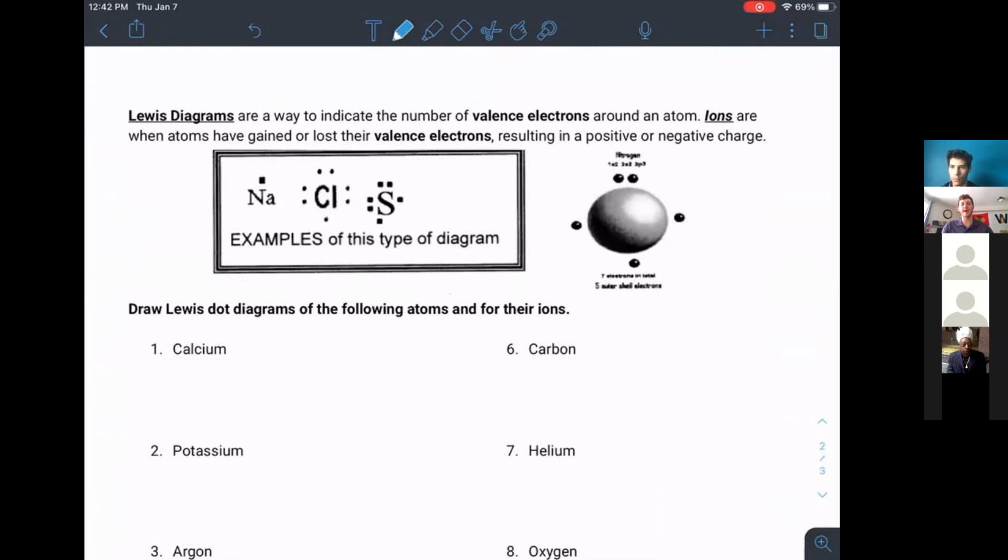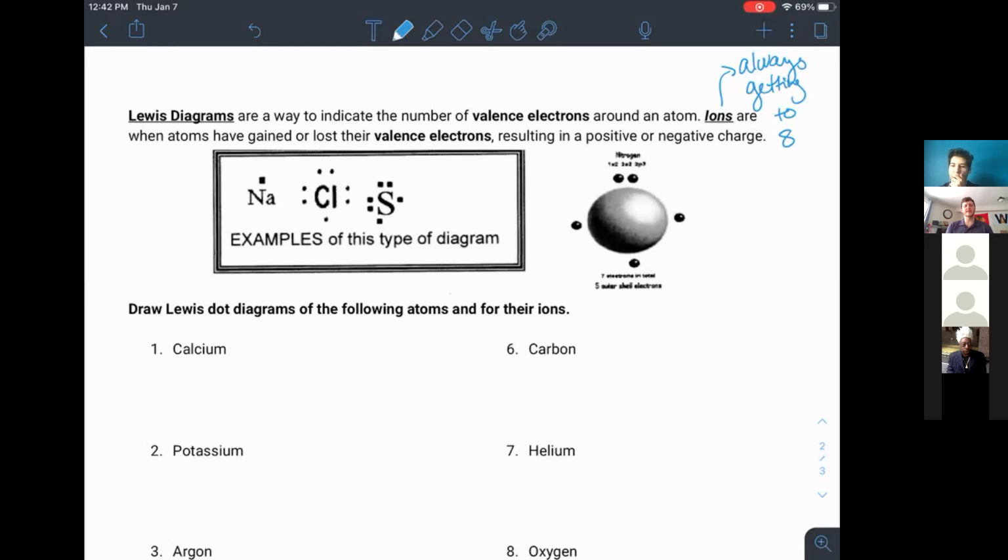We also have ions, which is when atoms gain or lose valence electrons, resulting in a positive or negative charge. And those ions are always trying to get to what number of valence electrons? 8. We always want to get to 8 valence electrons.